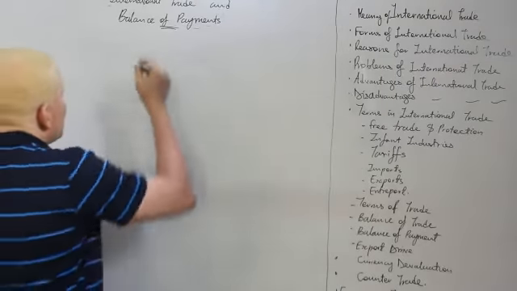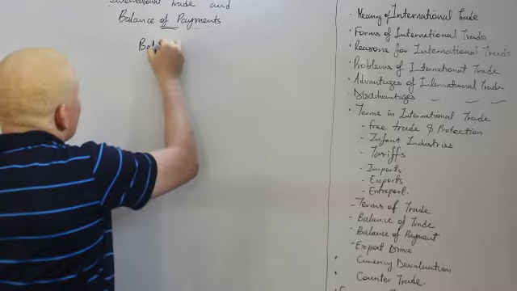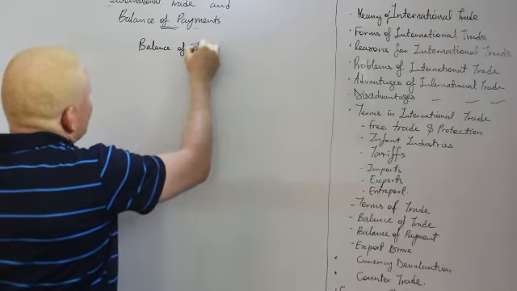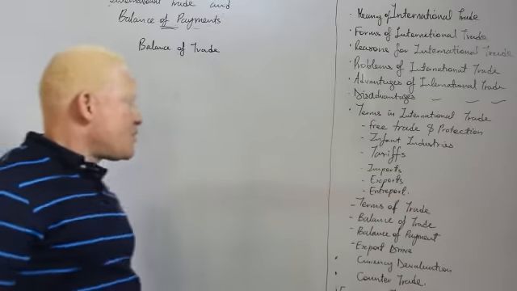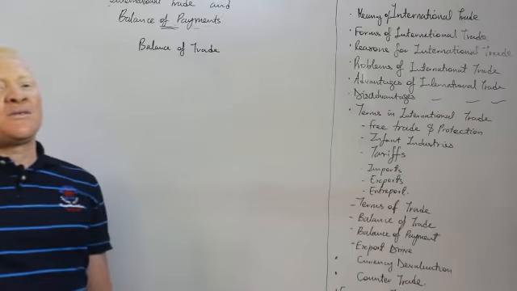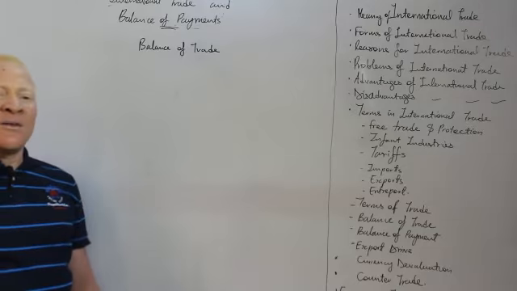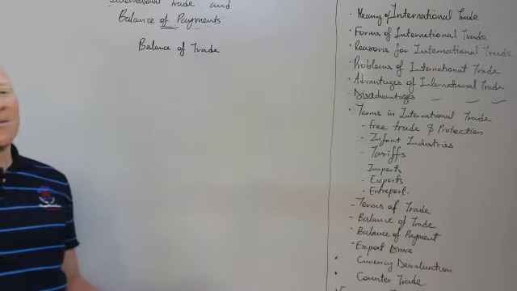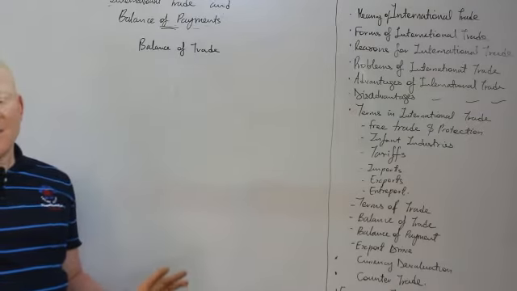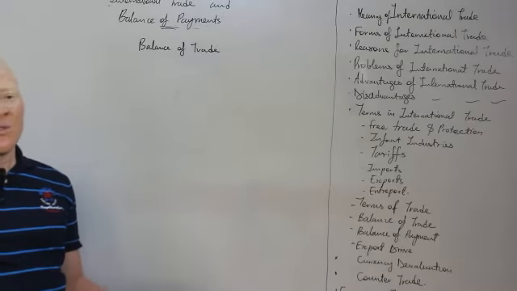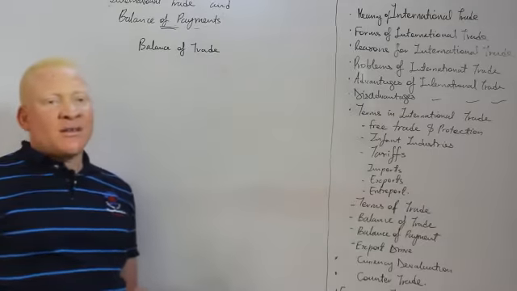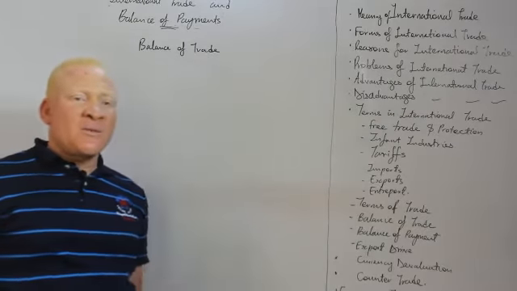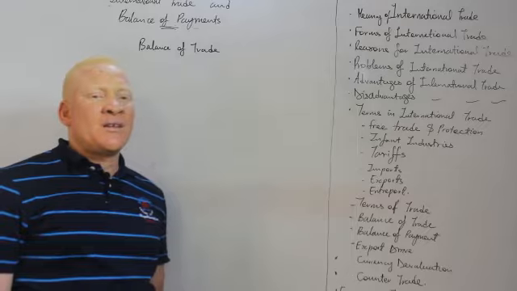Balance of trade. That's the next one. Balance of trade talks about, like we said just before now, that whenever we import, we spend, but when we export, we gain. So there are receipts from exports and expenditure on imports.